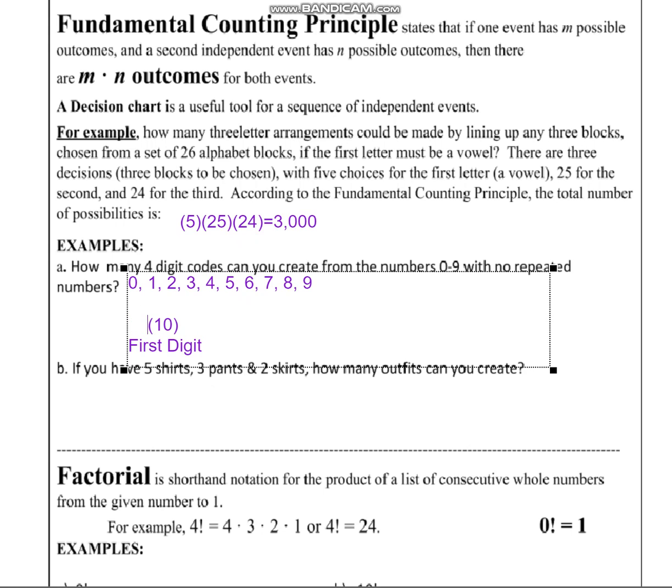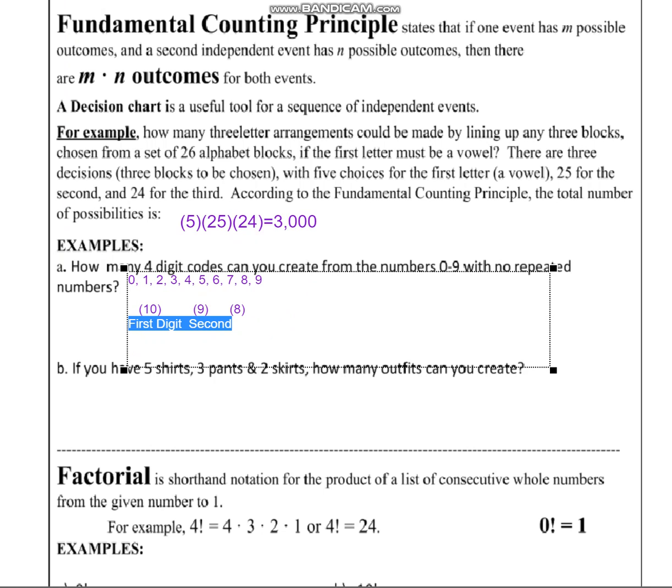Our first digit, there are 10 options. But once we've pulled one of those digits, we are only left with 9 numbers, right? So I'll just call this second digit. And then once we pull that, we are only left with 8 digits to choose from. Let me try to make this smaller here.